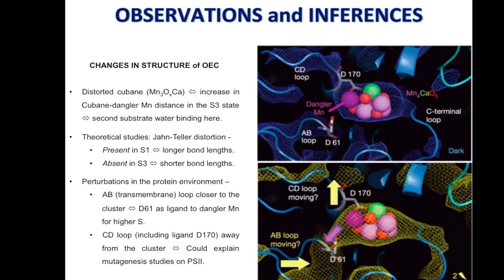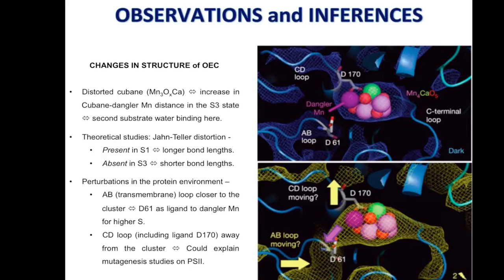What you also see, outside of the oxygen evolving cluster, is that the transmembrane helices and some of the loops seem to relocate themselves. For example, as you can see in the dark state simulated annealing omit map at the bottom, the loop AB with D61 is seen to move closer to the cluster, whereas the loop CD with D170 seems to move away.